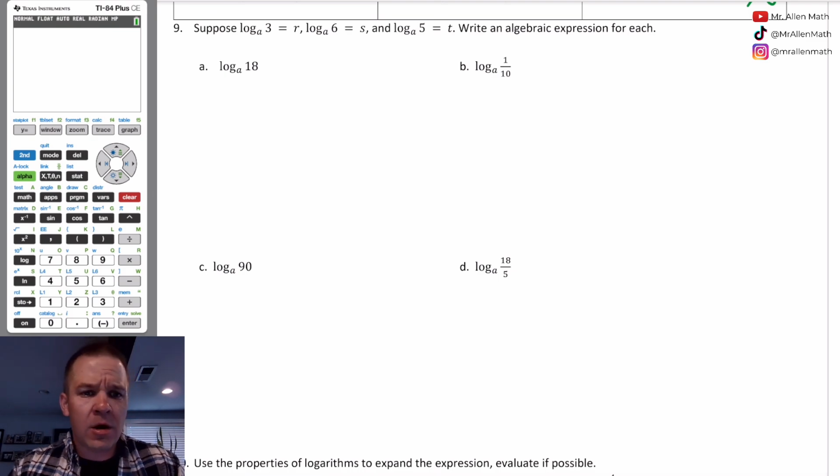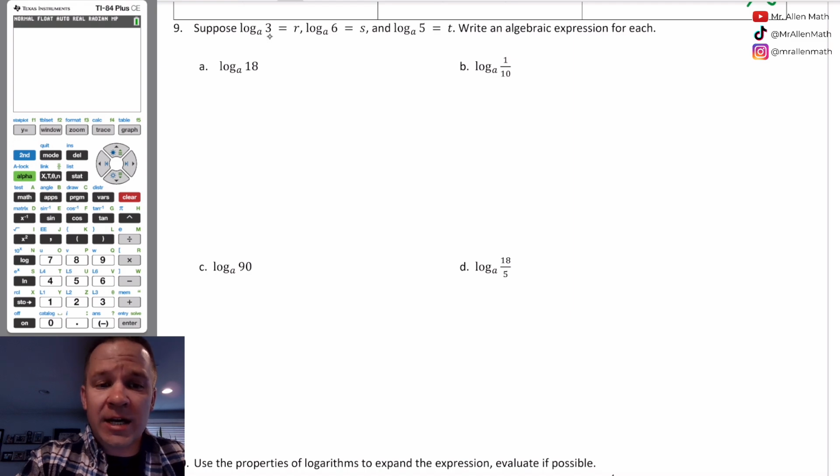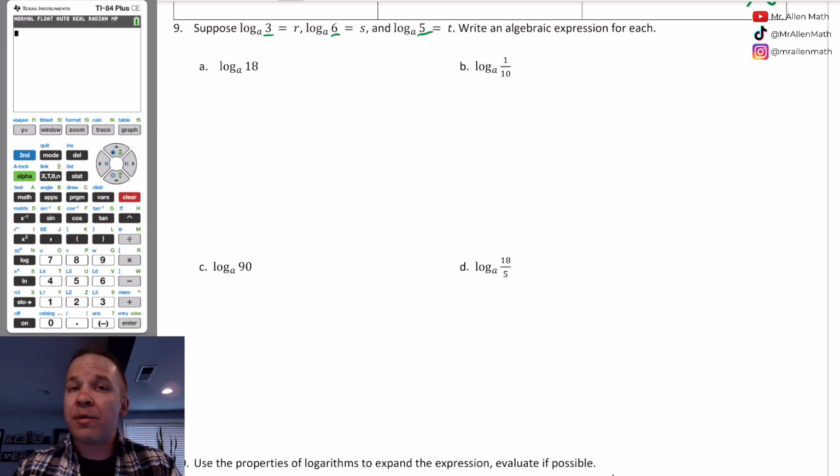So let's see here. Well, 18, the way that we think about this is, how can I make the argument, which is 18, out of these 3 numbers here with multiplication or division? Because once I have multiplication or division within my argument, I can expand it to addition and subtraction. And then I can have a sum or difference of the r, s, and t. So let's do that. Well, 3 times 6 would give me 18, right?